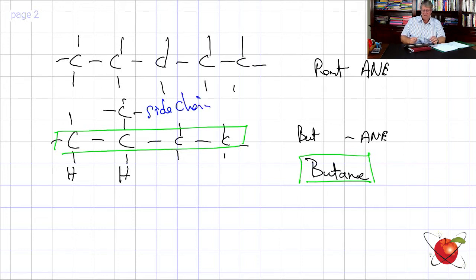Now you label this longest chain from the end closest to the side chain. So it's butane, but it's got a prename because it's got a side chain attached to it. The side chain is attached at number 2, and it's a single carbon, so it's got its own name.